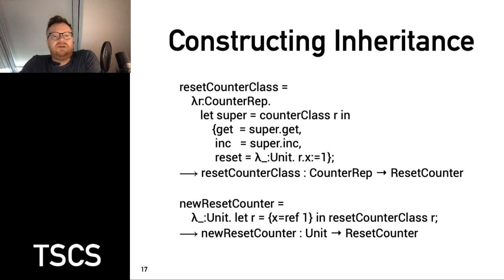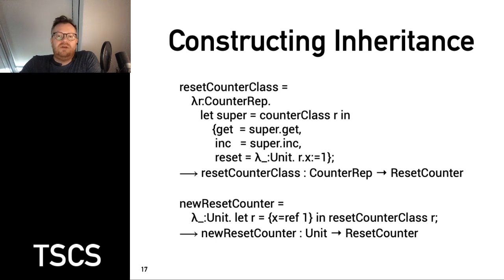Good. And as you can see, reset we implement ourselves. So reset takes no argument and resets the counter. And as everybody uses the same R here, that's the R that we put in counter rep, that we provide to counter class, and that we use down there at reset. It's the same reference. We can just use the same thing.